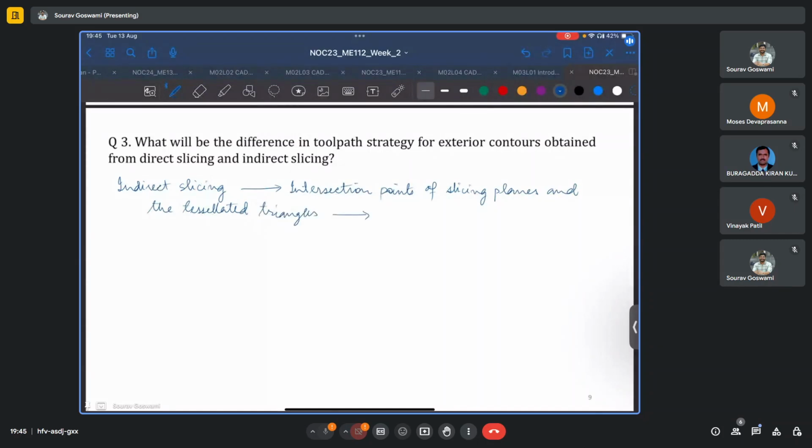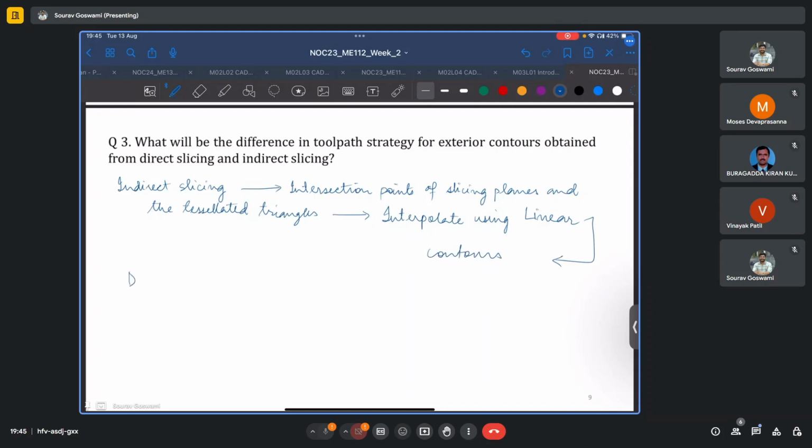Once these points are obtained, we can simply interpolate between these points using lines or a linear interpolation. And this is good enough because we are anyway working with an approximate geometry of the object. And this will give us the contours.